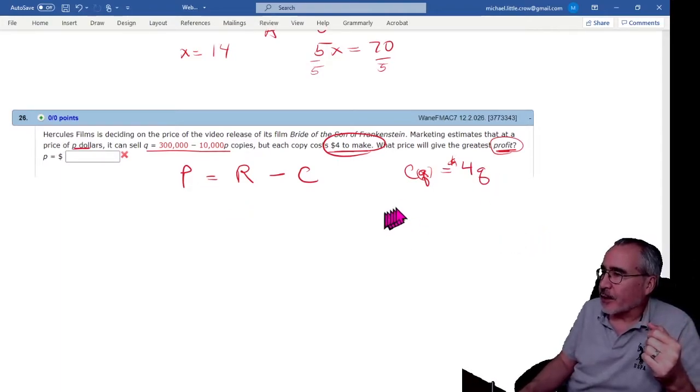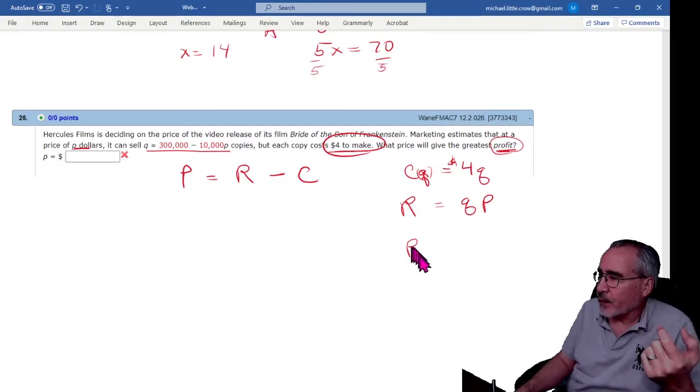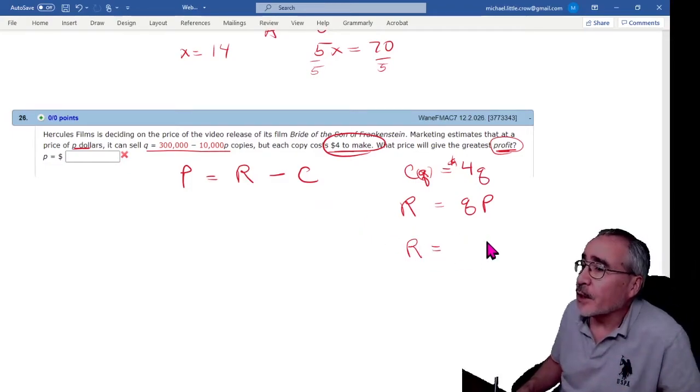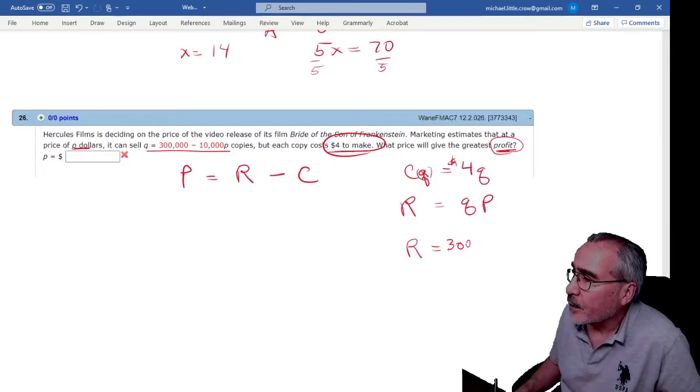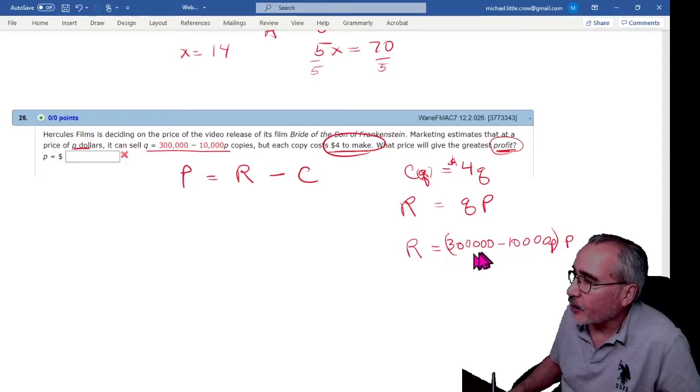The revenue function, though, is the amount that we sell times the price. So revenue is really Q times P. Well, what is Q? Q is this whole thing here. So let's get everything in terms of just the one variable. Revenue is going to be 300,000 minus 10,000 P, times P. So we could distribute that.